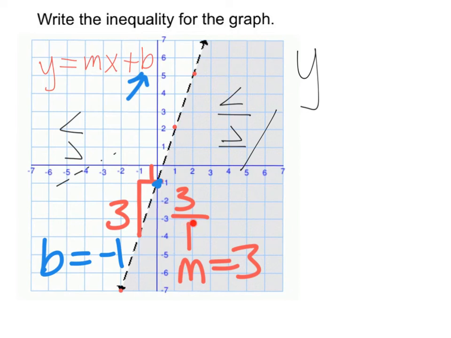The shading is below the line. So since it's below the line, our inequality is going to be a less than symbol. So y is less than the number we found for our slope times x, and then putting in our y-intercept, -1. And that is our inequality.